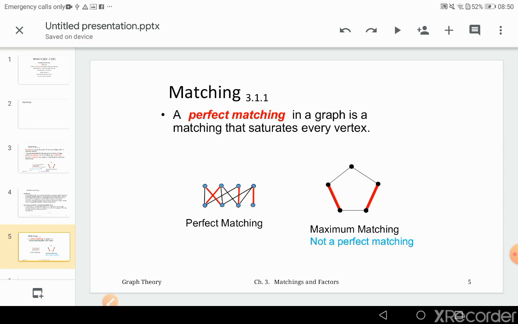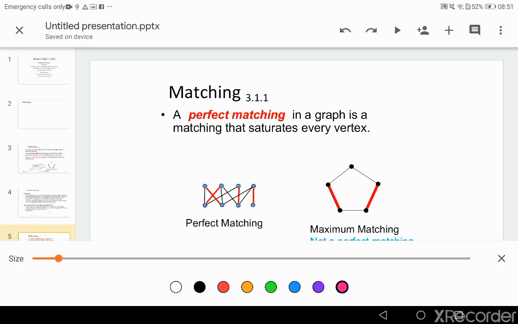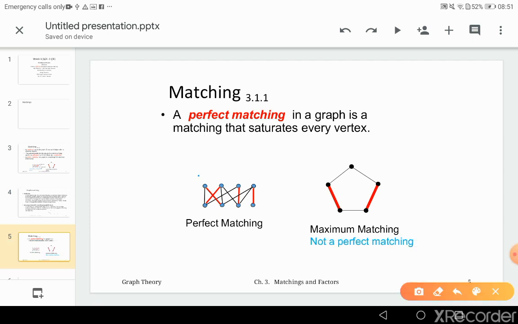If you see this graph, we have vertex 1, vertex 2, vertex 3, vertex 4, 5, 6, 7 and 8.